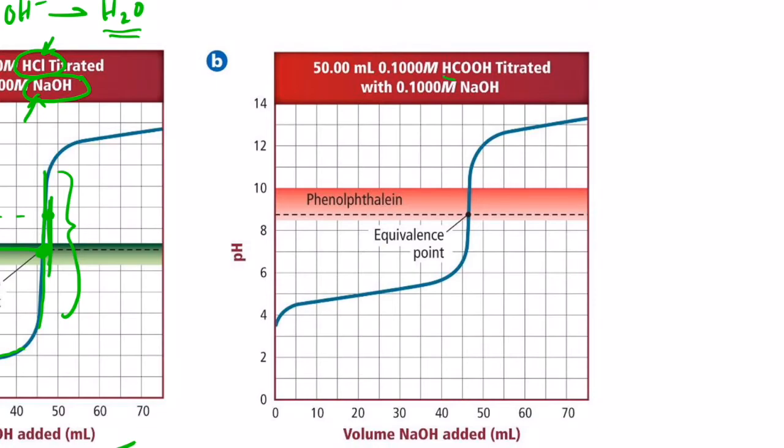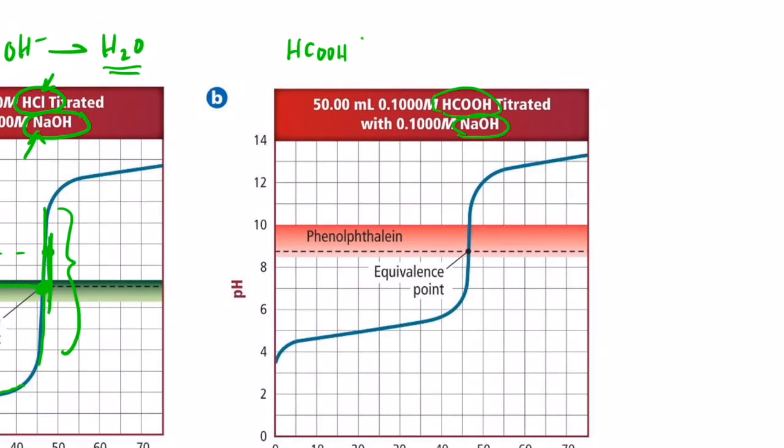Here we have formic acid and sodium hydroxide. So the equation for this would be HCOOH, that's our formic acid, and I leave that together as a molecule. Remember, weak acids stick together. And I have Na plus and OH minus.